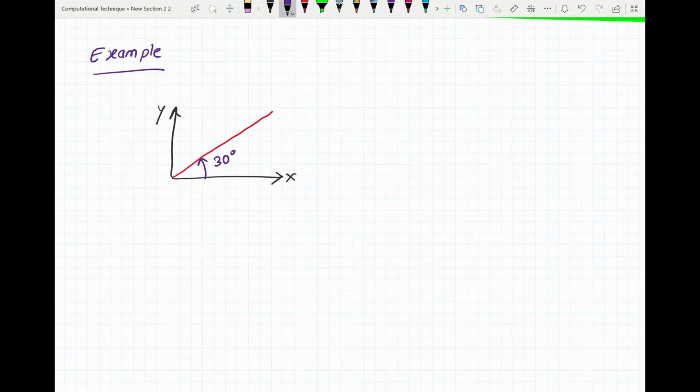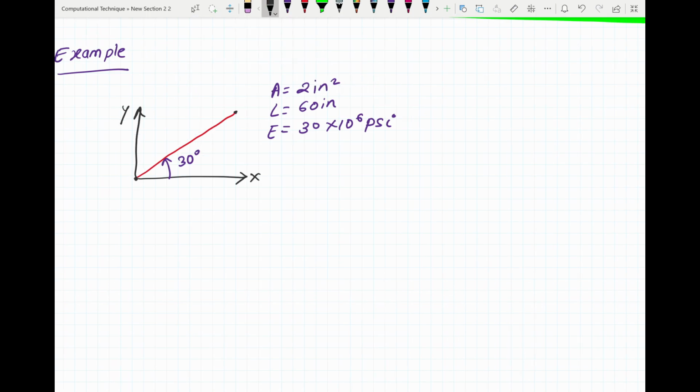You have your area as 2 inches square, length as 60 inch, and you have your elastic modulus as 30 into 10 to the power 6 psi. Let's say this is node 1 and this is node 2.